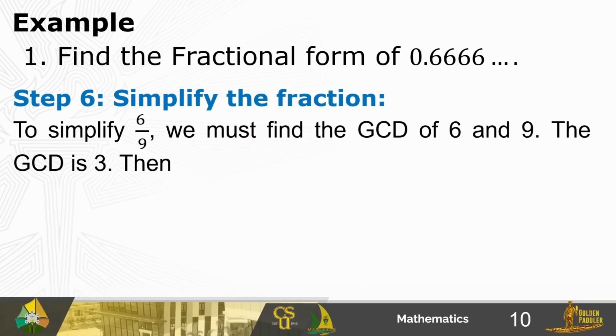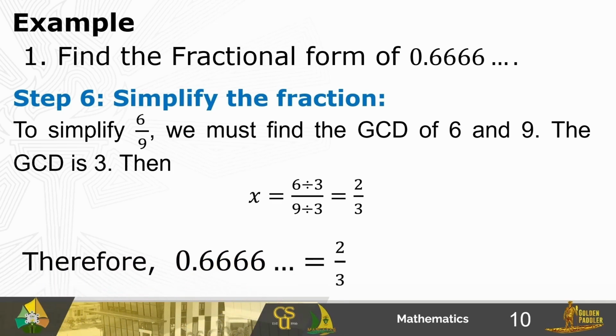To simplify 6 over 9, we have to find the greatest common divisor of 6 and 9. In this case, our GCD is 3. From our fraction x is equal to 6 over 9, 6 divided by 3 is equal to 2, and 9 divided by 3 is equal to 3.